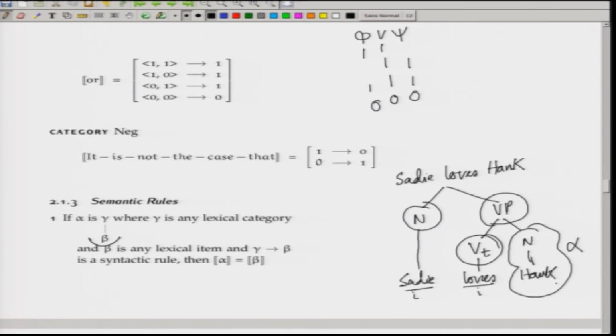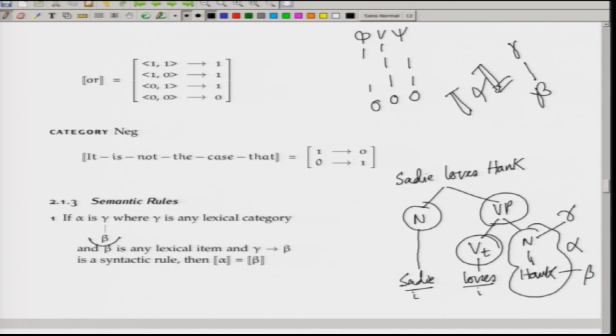If this is the case, then N is evidently gamma and Hank is beta, and alpha is the whole node, that is gamma goes to beta. This entire node is alpha. What then will be the truth value of alpha?